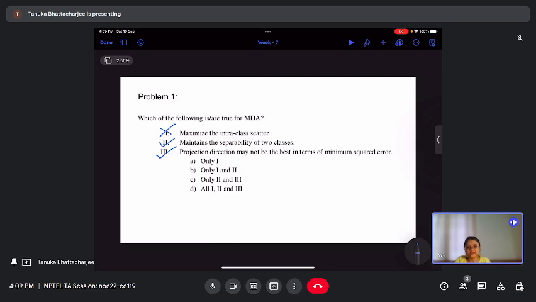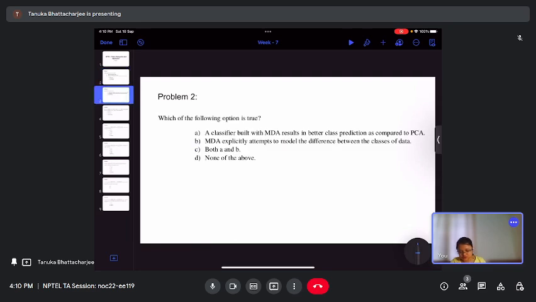But MDA does not put any criteria about the minimum squared error. So as we see, the first option is not correct, but the latter two options, option 2 and 3, are correct for MDA. So the correct answer here is C, only 2 and 3. This is for MDA.